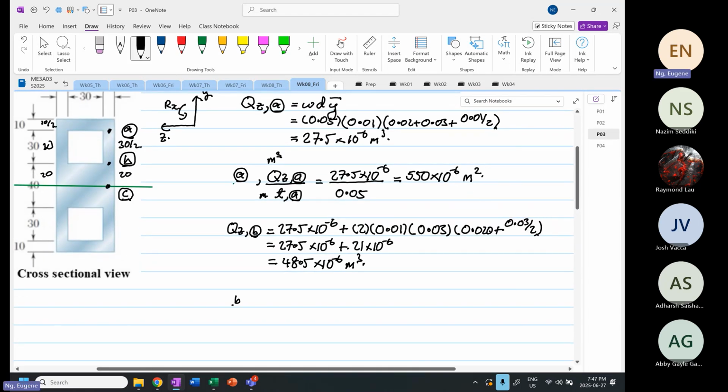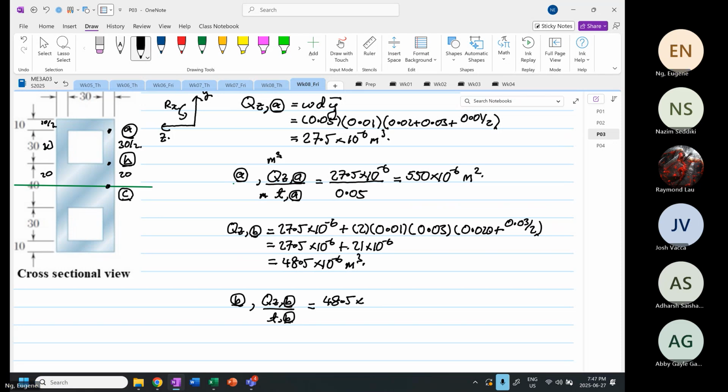So therefore at point B, the QZ at point B divided by thickness at point B. Right, as you can see, now the first moment of area increases, but the thickness now reduced. Okay, so when we formulate this will be equal to 48.5 times 10 to the power minus 6. Then we're going to divide by the thickness.